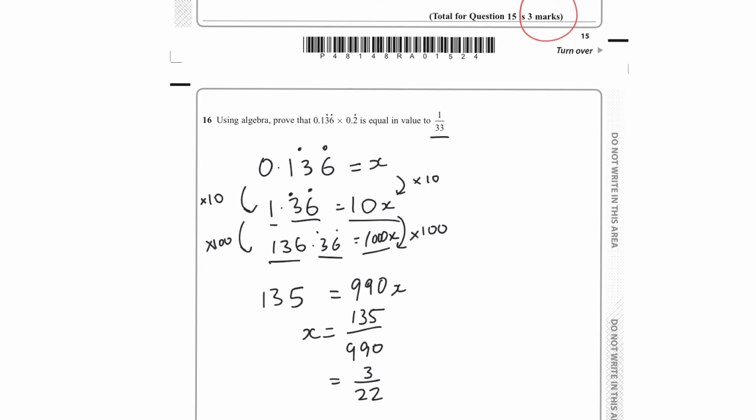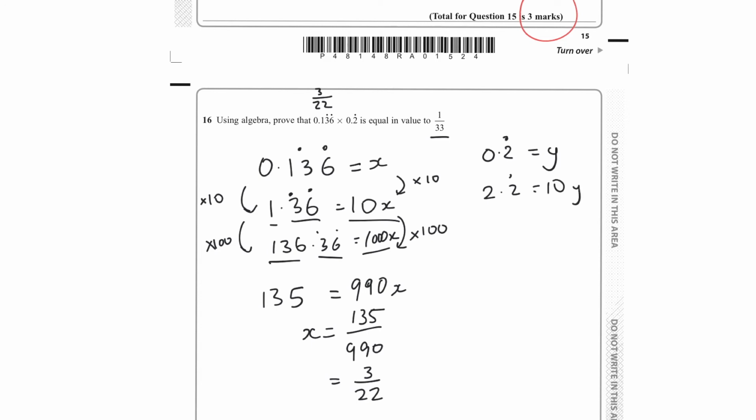So we've worked out that 0.136 recurring as a fraction is 3 over 22. So now we need to work out the 0.2 recurring as a fraction. So 0.2 recurring, we're going to make that equal to y. If we multiply that by 10, we would end up with 2.2 recurring is equal to 10y.